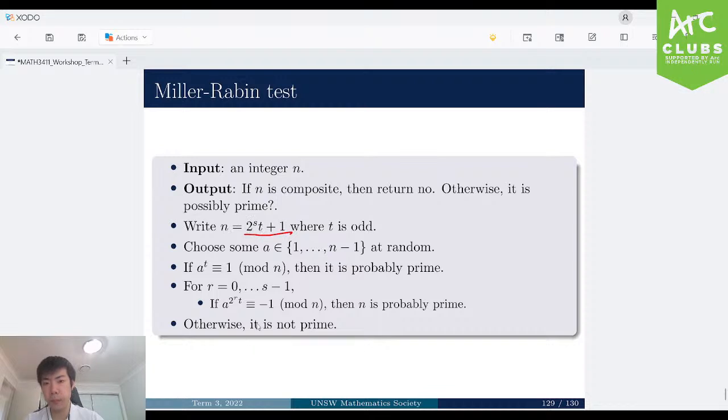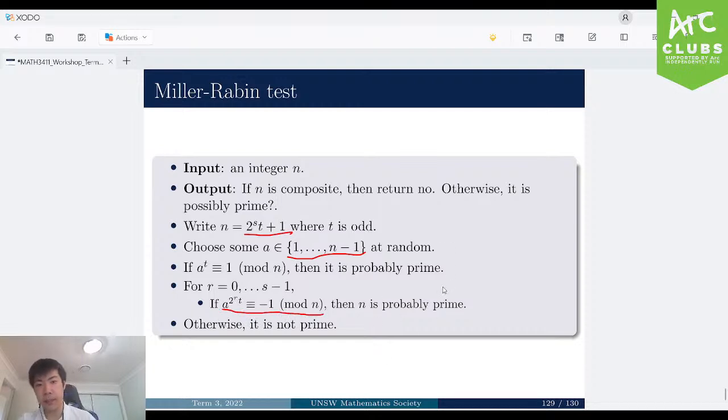Then you choose some arbitrary base a. If a to the power of t is congruent to 1 mod n, then it's possibly prime. If this condition fails, you can check the next condition, which is for r going from 0 all the way to s minus 1. If for any value of r this is true, then n is also possibly prime.